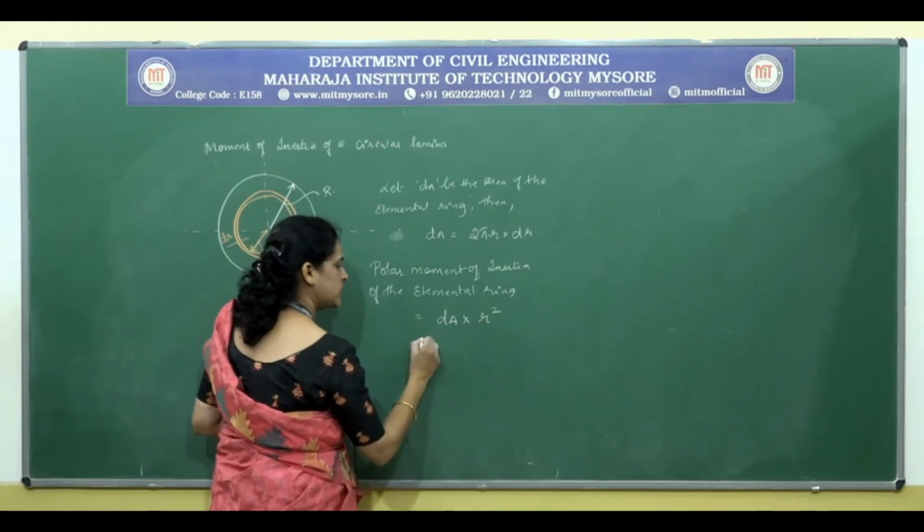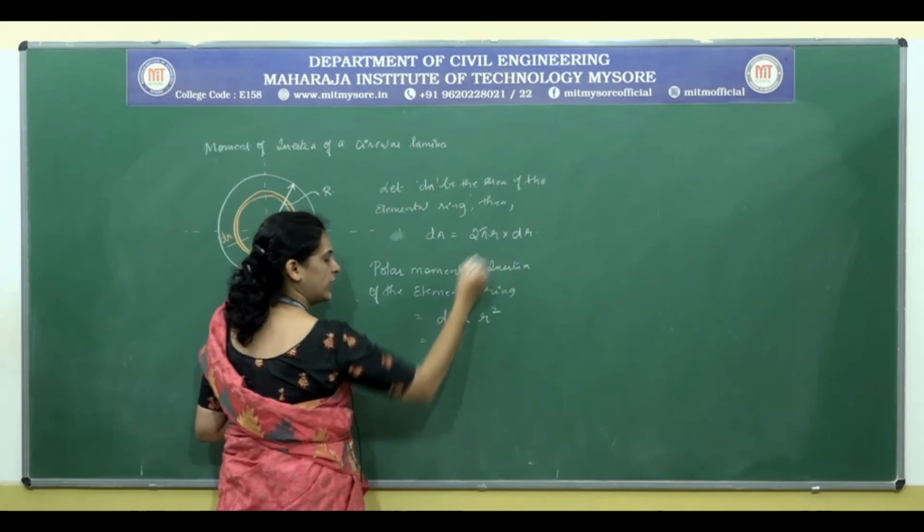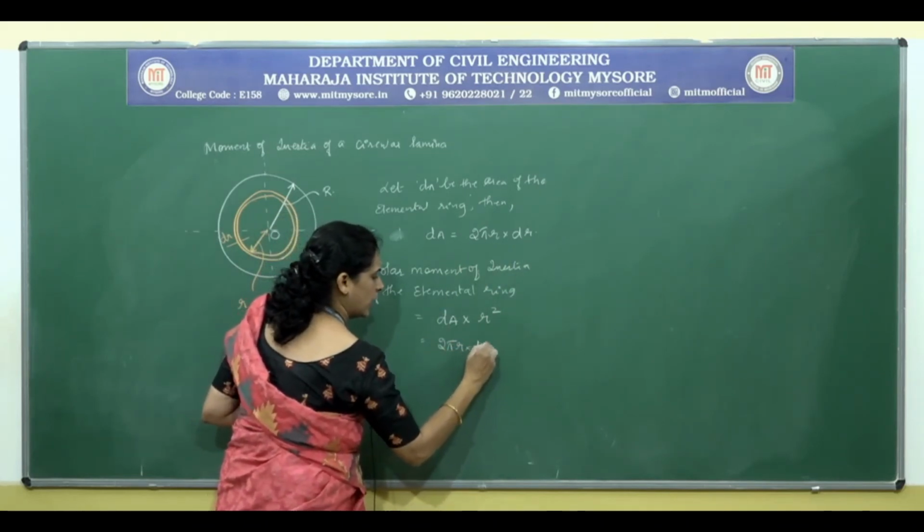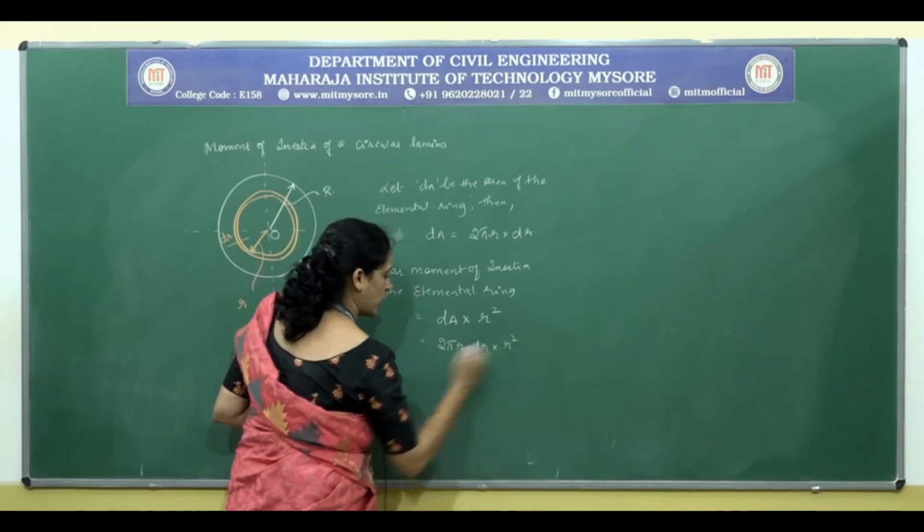So, here is the radius, substitute the value of dA here, 2 pi r dr into r square.